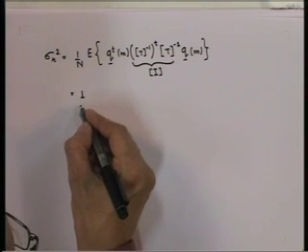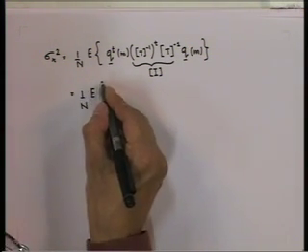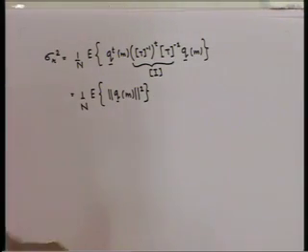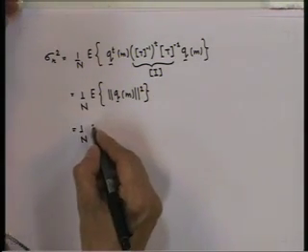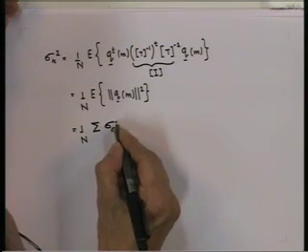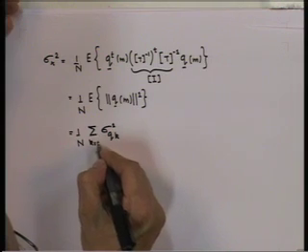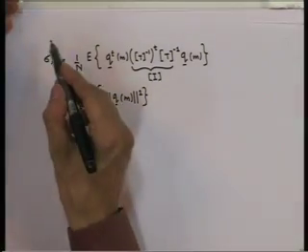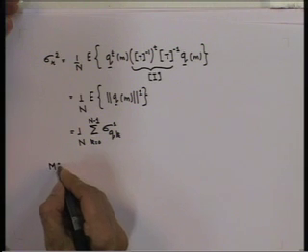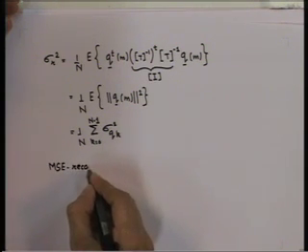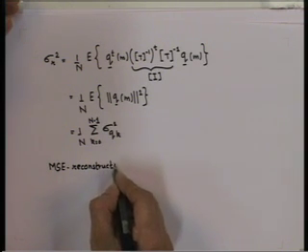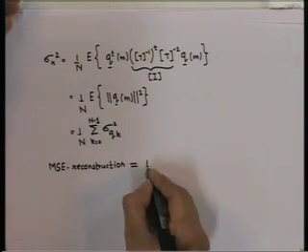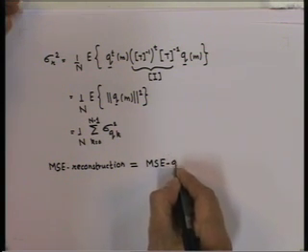So, this is equal to 1 times the expectation of the squared quantization error. So, what this result indicates is that the mean squared reconstruction error, denoted as MSE reconstruction, is equal to the mean squared quantization error, indicated as MSE quantization.